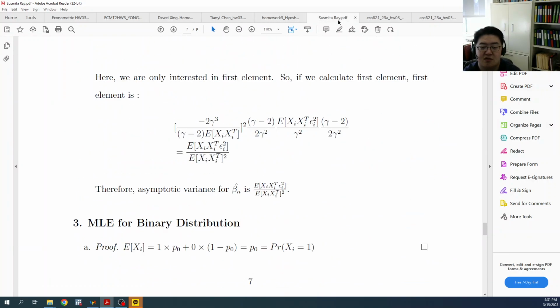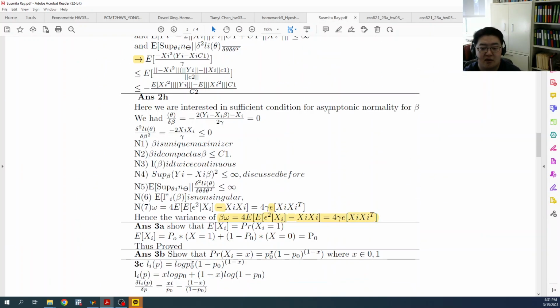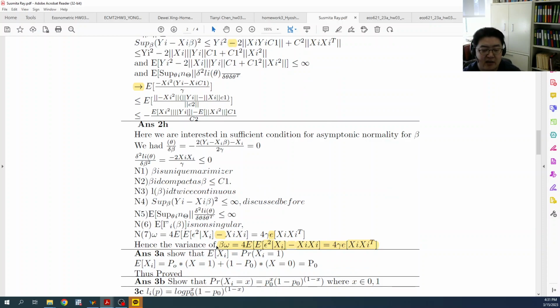So mostly did a good job. Here I am not certain what this is. And I am not certain what it is. What is omega and what is beta omega? So it's hard to see. And what is this small e?